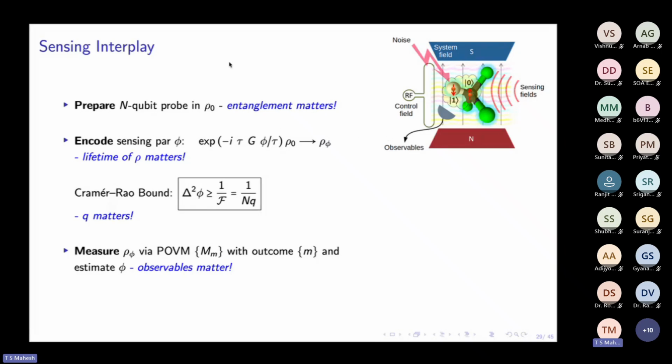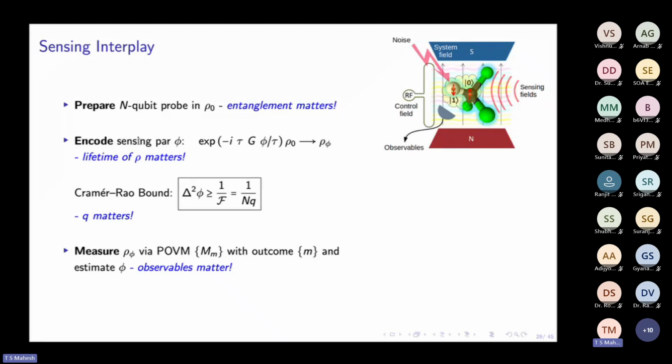So that's the idea. What you do in many body quantum sensing is prepare that n-qubit probe in a specific initial state rho 0, and here entanglement matters. As I showed in the previous slide, the NOON state is most sensitive because it has maximum coherence order Q, so entanglement matters.